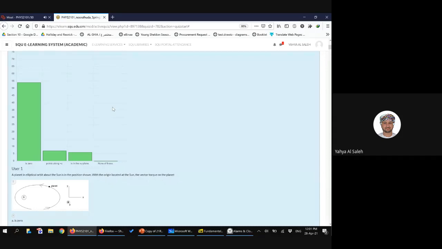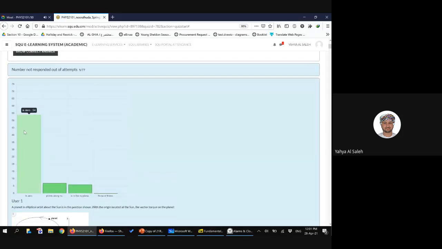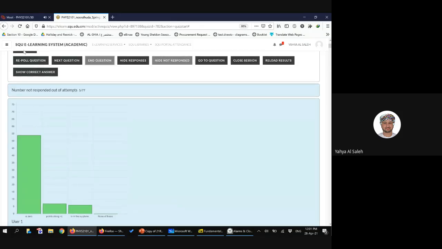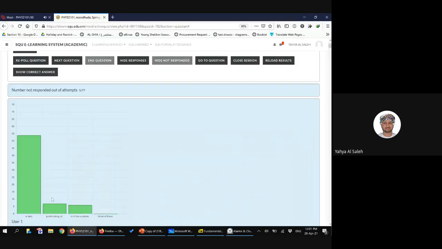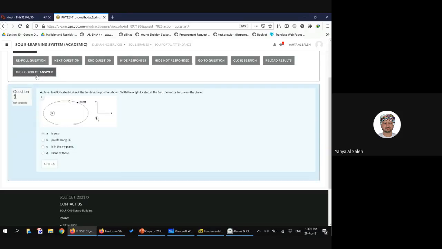So we have an overwhelming majority that says that the torque is 0. Okay, so it's not even close. It's 54 versus 7 and 6. And indeed, the answer is 0.